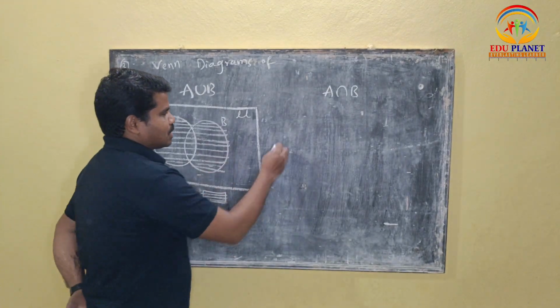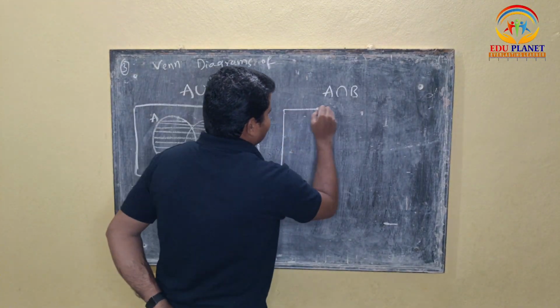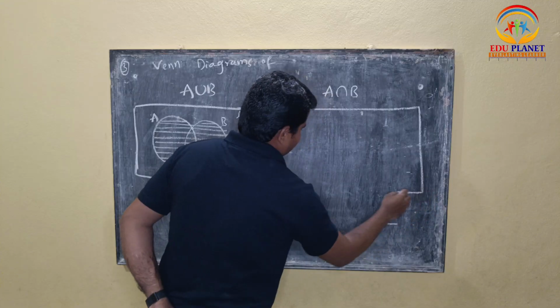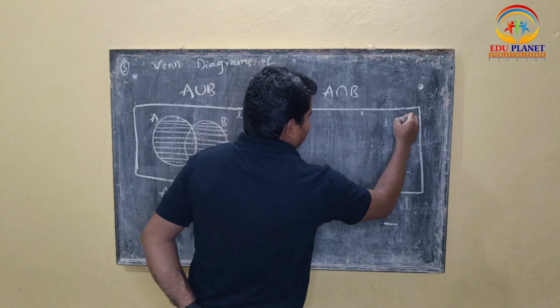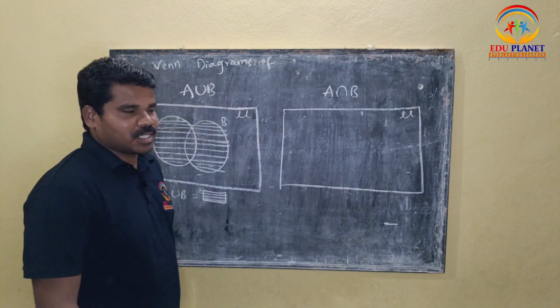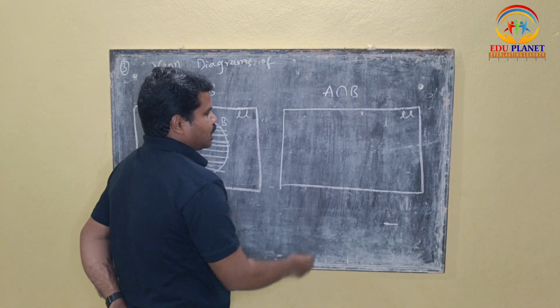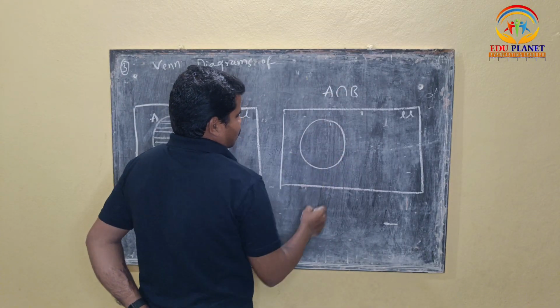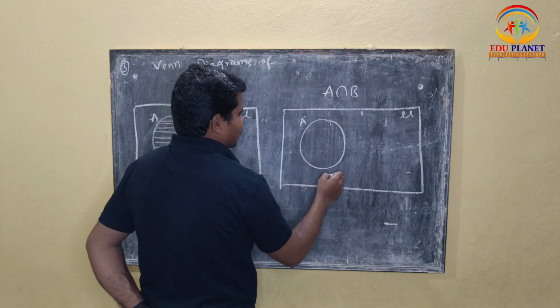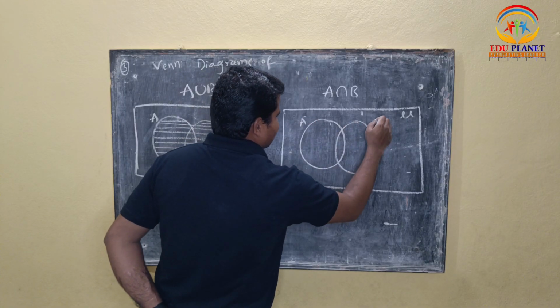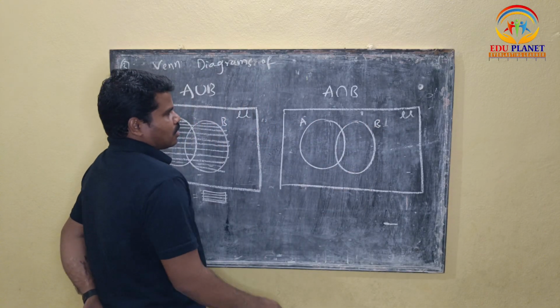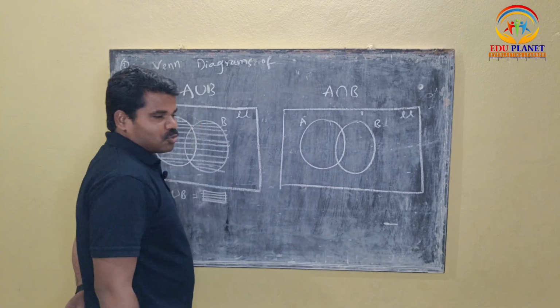We'll move to A intersection B. Again the same, take a rectangular box. Again indicate mu, universal set. Two sets are involved here, set A and set B. First circle for representing set A and second circle for representing set B. Intersection area we need to show.